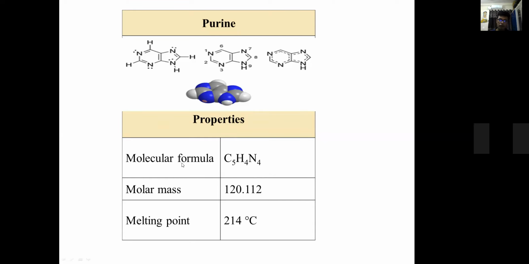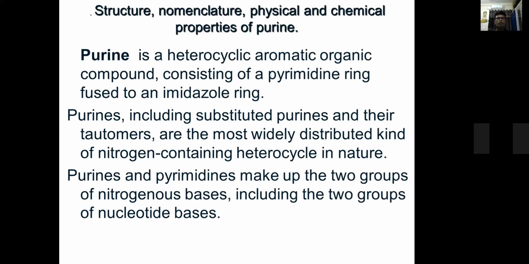C5H4N4. So purine is a heterocyclic aromatic organic compound consisting of a pyrimidine ring, that is 1,3-diazine, fused to an imidazole ring. So these are your basic unit of purine.